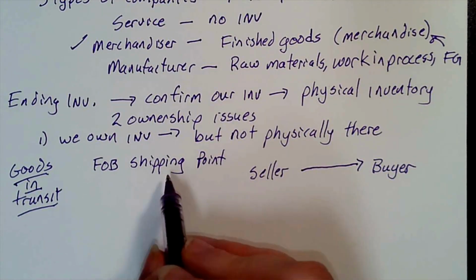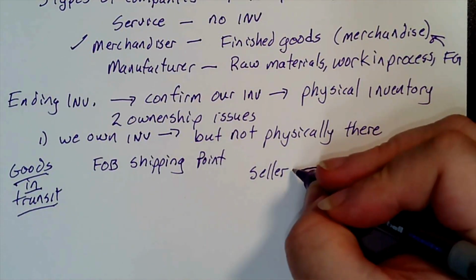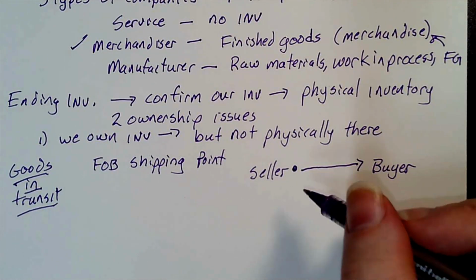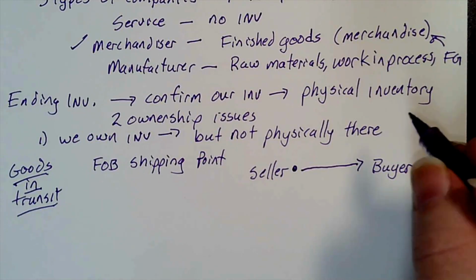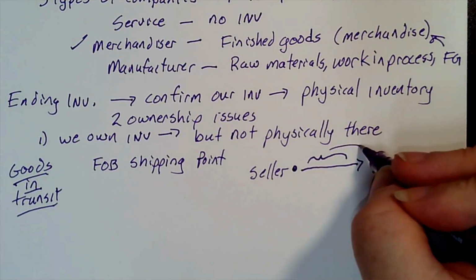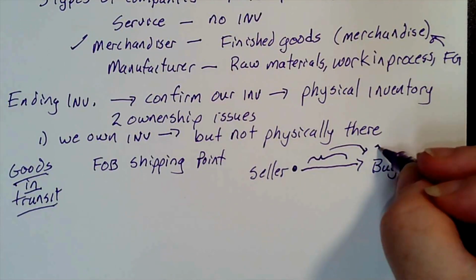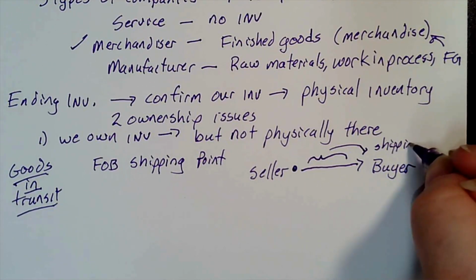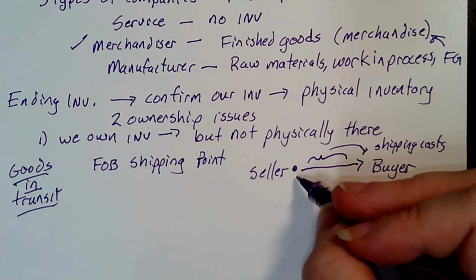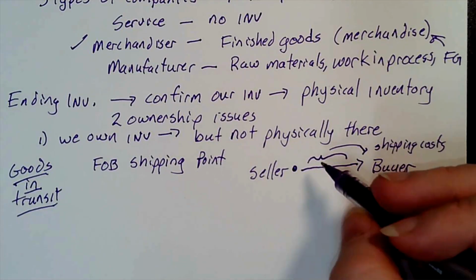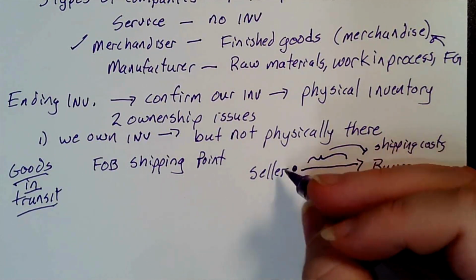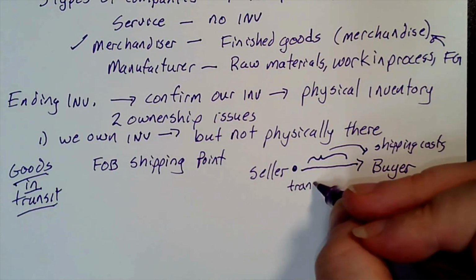If we use the terms of trade FOB shipping point, the seller puts it on the carrier and it gets shipped to the buyer, but FOB shipping point means that the shipping costs were paid by the buyer. But we can use the same information to say, well, at this dot here, when the seller relinquishes the goods to the carrier and the buyer is now paying for the shipping, this is also where we transfer ownership.